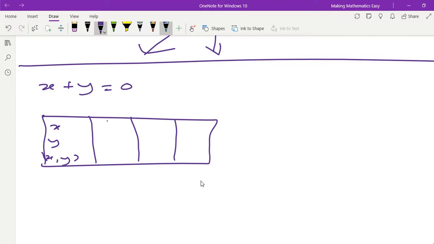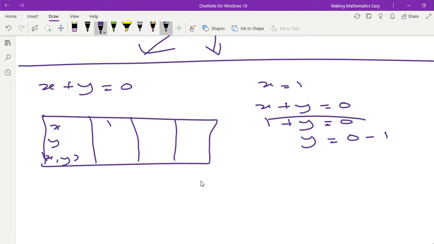We can take x as 1. x plus y is 0, x is 1, so 1 plus y is equal to 0. When this 1 goes on this side, it will become minus 1, so the y value will be minus 1. So your coordinate is 1 comma minus 1. That's it, nothing else you need to do.